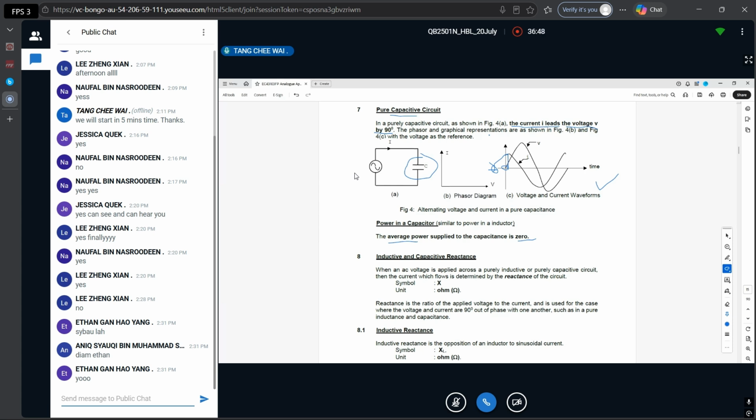But a capacitor, I think some of you already know, is like a battery. The charges will start to store when you charge a capacitor. But when the current stops going through the capacitor, the charges will start to discharge. So there is no power dissipated. That's why the average power supplied to a capacitor is 0.